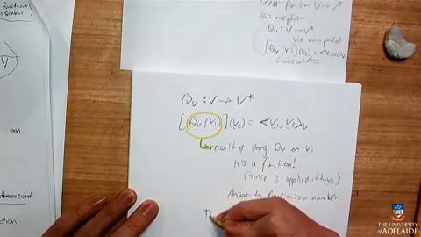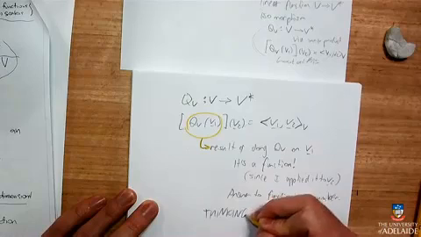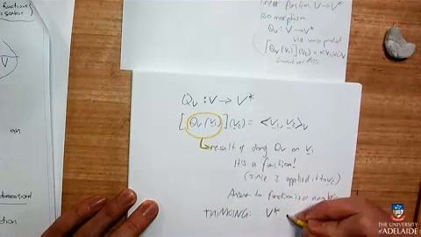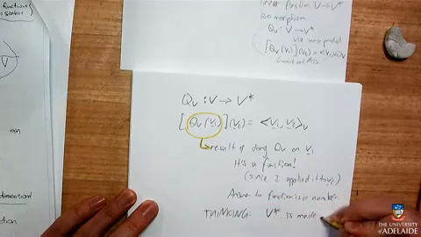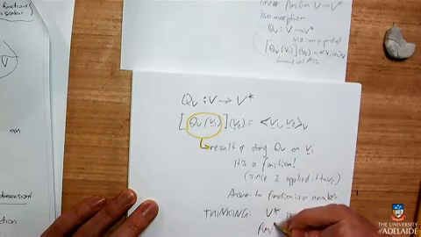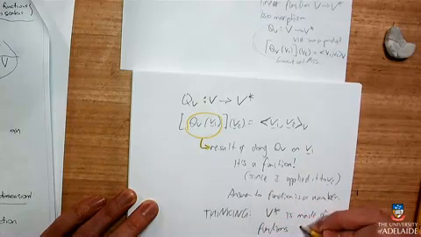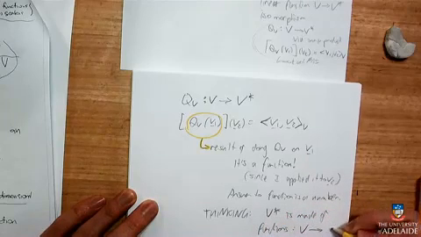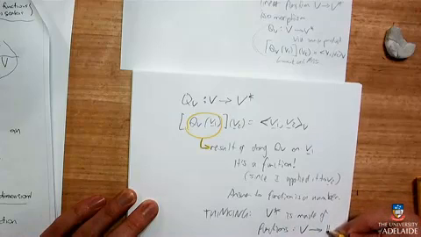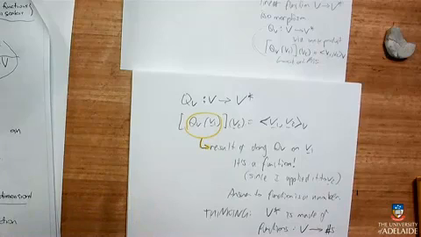So I'm thinking now that V star is made of functions that start in V and end up in numbers. Or possibly not numbers, but whatever the field is made of. Are we working in real numbers here? Do we care?